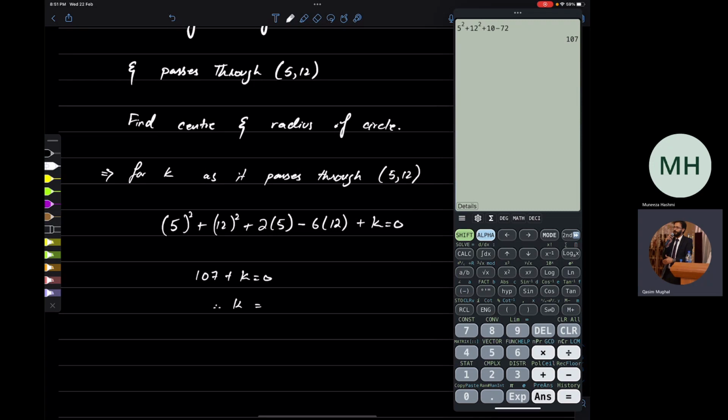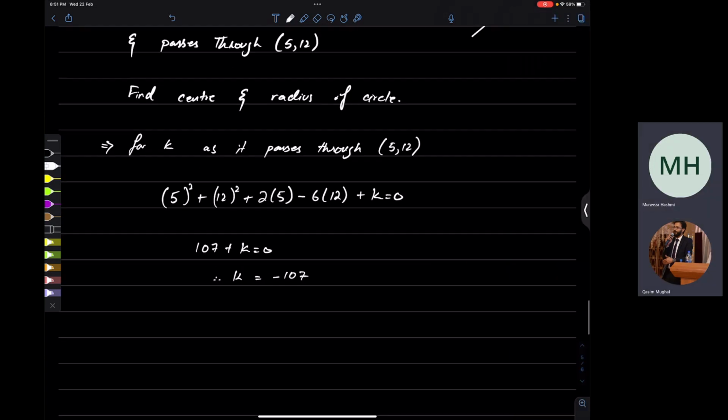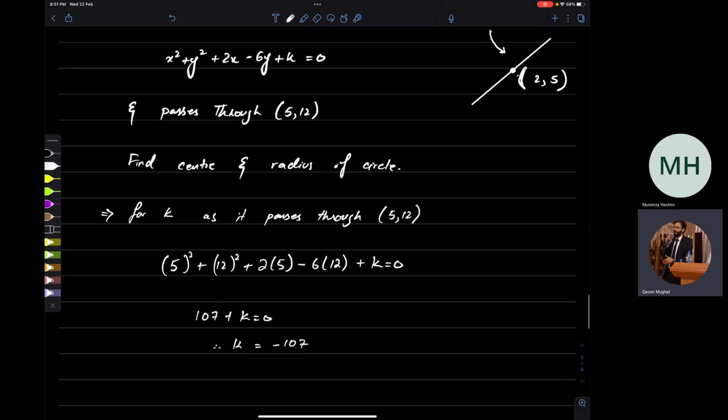Therefore, k equals negative 107. Got it? Yes, sir. Now we can write down the full equation here: x squared plus y squared plus 2x minus 6y minus 107 equals 0.